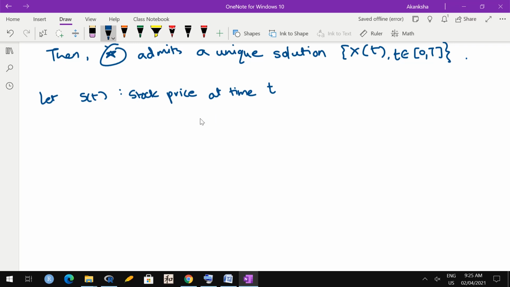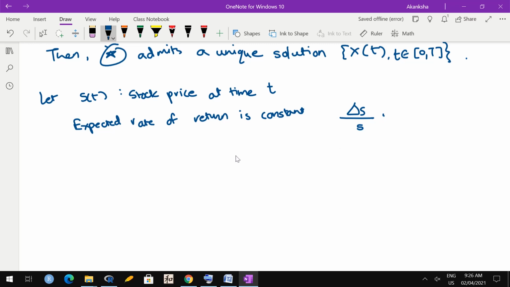and expected rate of return is constant. Now what do I mean by rate of return? Return you measure as relative return. Okay, so delta S upon S, change in S with respect to the original S, this is constant.